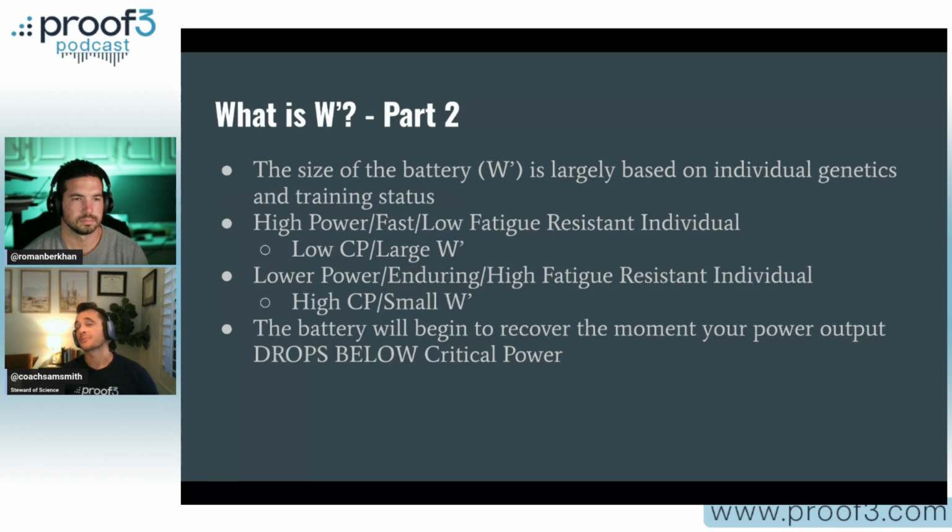It's super fascinating when you look at the research on what pace the world record marathon runners hold in relation to their critical speed. I think I talked about this last time, and I've posted about it on Instagram.